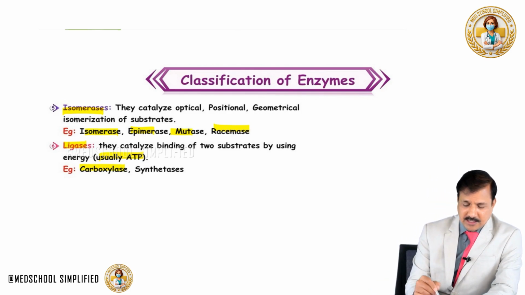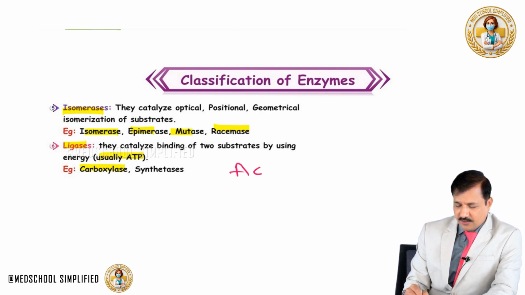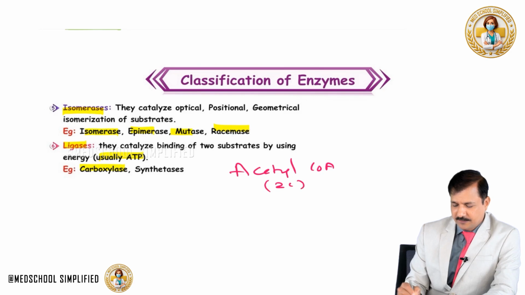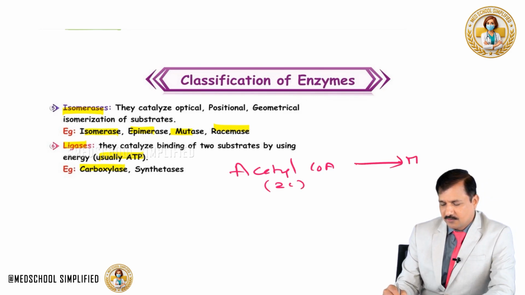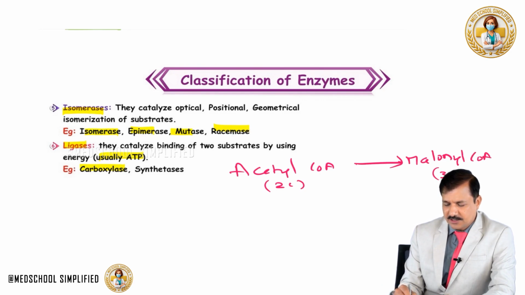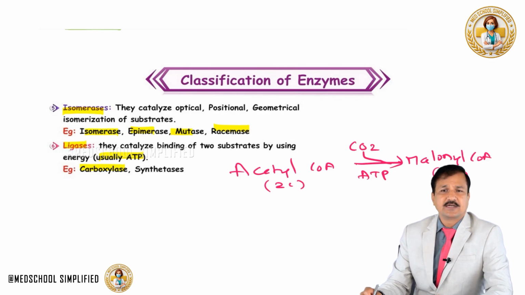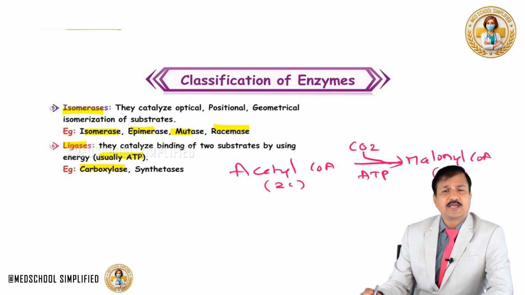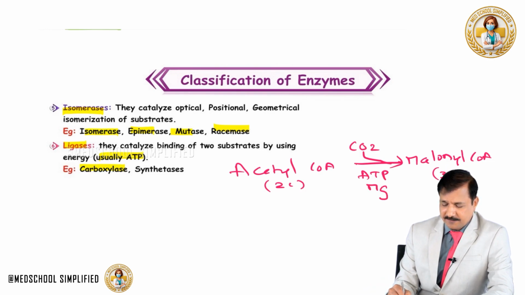So, let me write that down. Acetyl-CoA is a 2-carbon molecule which will be converted into malonyl-CoA. Malonyl-CoA is a 3-carbon molecule. That means that the additional carbon comes from carbon dioxide, and for that ATP is needed. So these are ligases. Carboxylases need ATP to add carbon dioxide, and they also need magnesium.